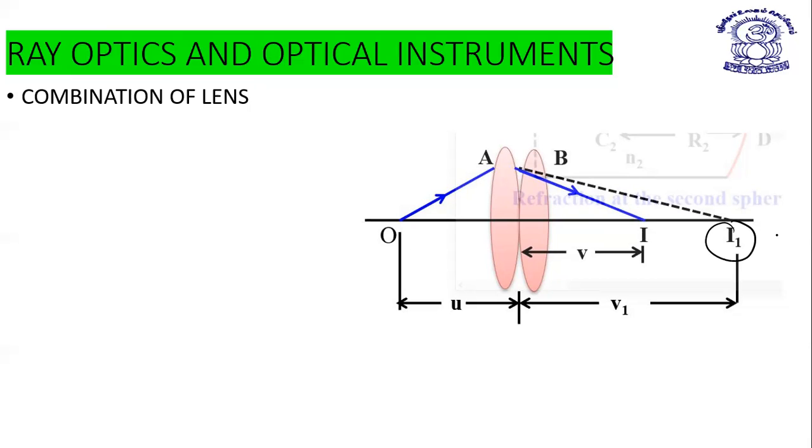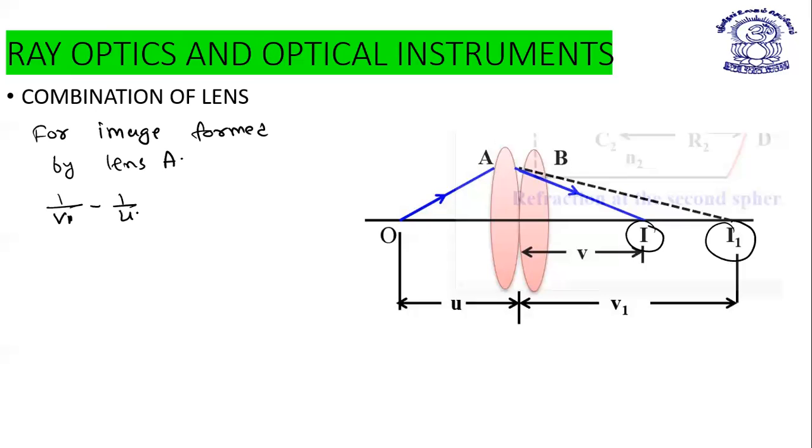It behaves as an object for second lens, producing the final image I. So, for image formed by lens A, we can write 1 upon v1 minus 1 upon u is equal to 1 upon f1.